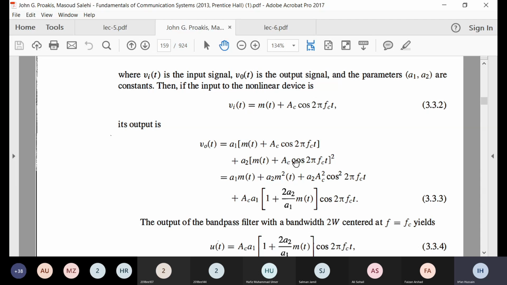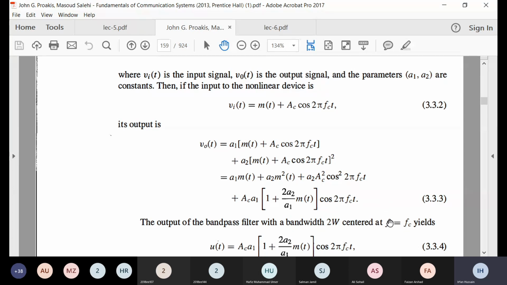So the term 2ab comes here, and this term comes here, and these two terms are at fc. Remember that this term will be at 4fc, while this term will be at fc, while this term will be at 2fc.